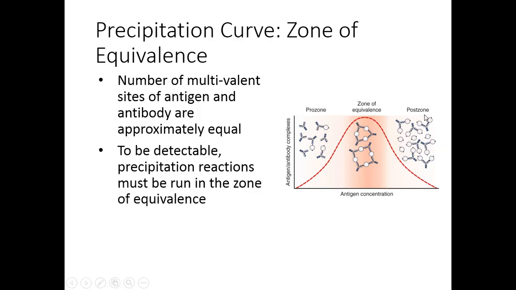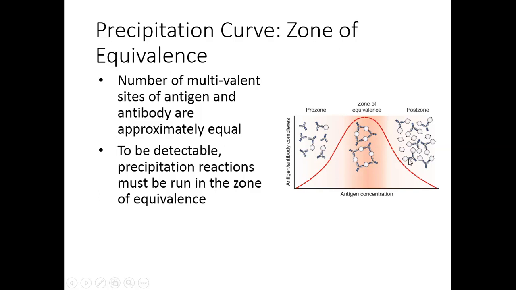In the post zone, we have too much antigen. So again, the concentration between antibody and antigen are not equivalent. In fact, this one was an example where we have too much antigen. So maybe lots of red cells and not enough immunoglobulin. In this case, yeah, sure, we're going to bind off the antigen binding sites on all these antibodies, and guess what happens?